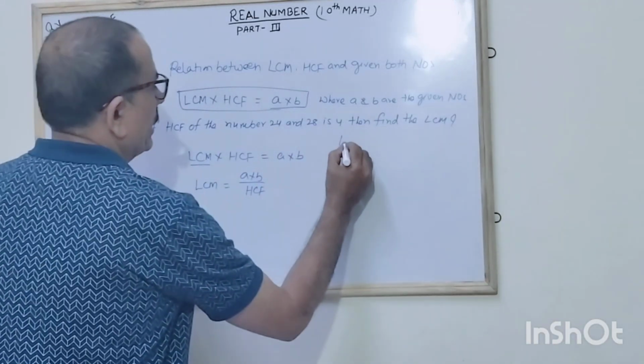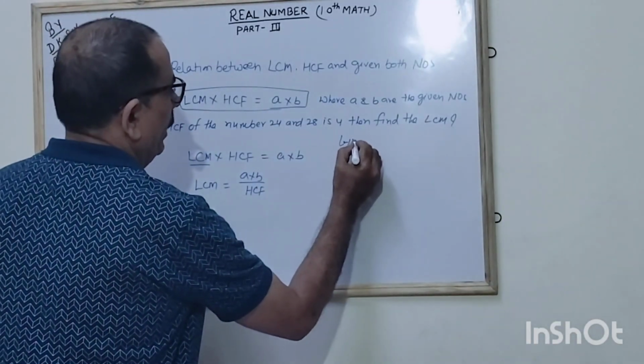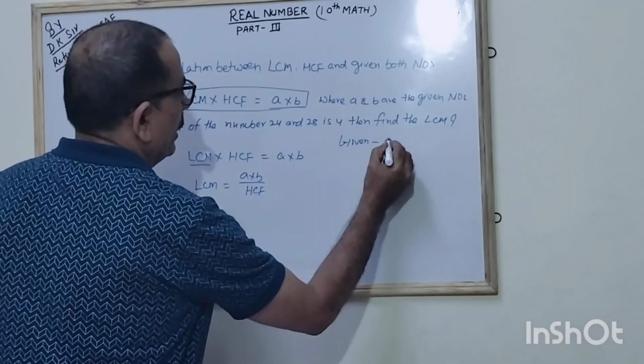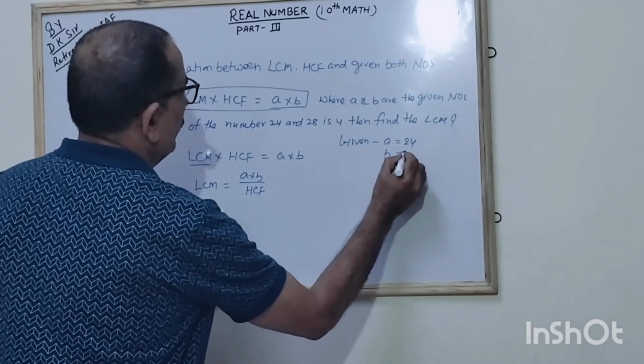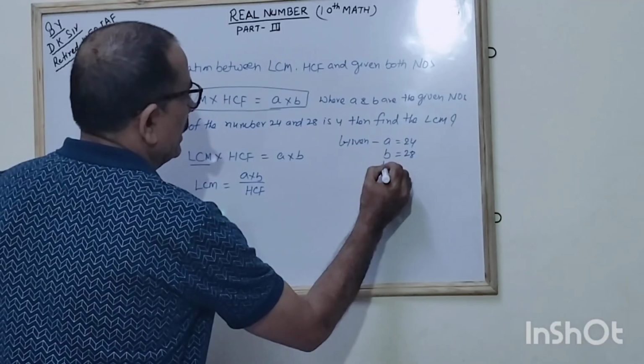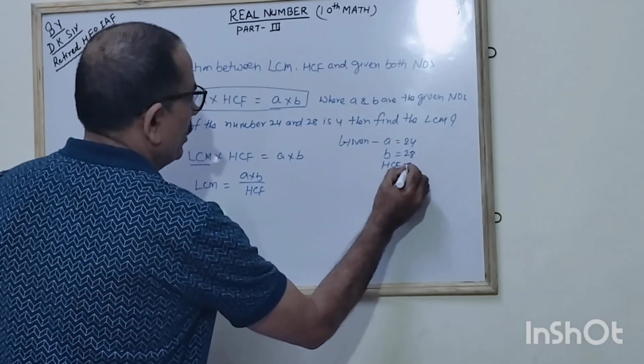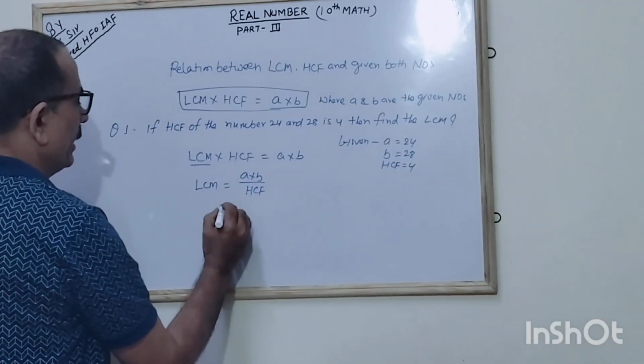The given values: A is equal to 24, B is 28, and the HCF is equal to 4. We write everything here.